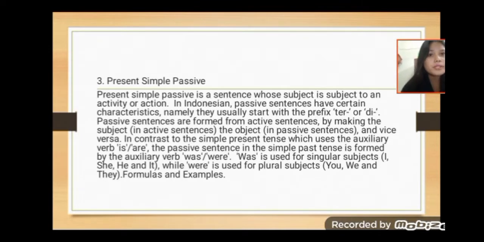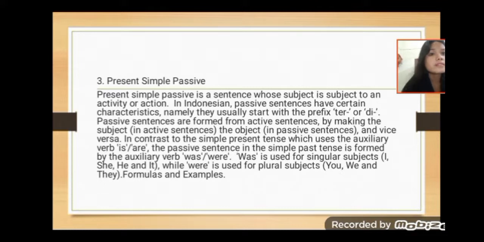And the third, past simple passive. A passive sentence is a sentence whose subject is subject to an activity or action. In Indonesian, passive sentences have certain characteristics, namely they usually start with the prefix ter or di. Passive sentences are formed from active sentences by making the subject in the active sentence the object in the passive sentence, and vice versa.